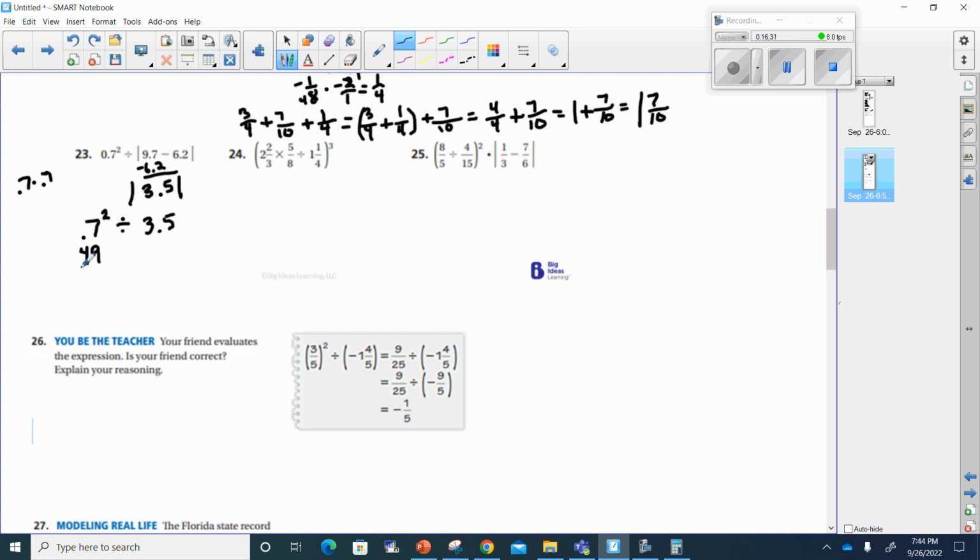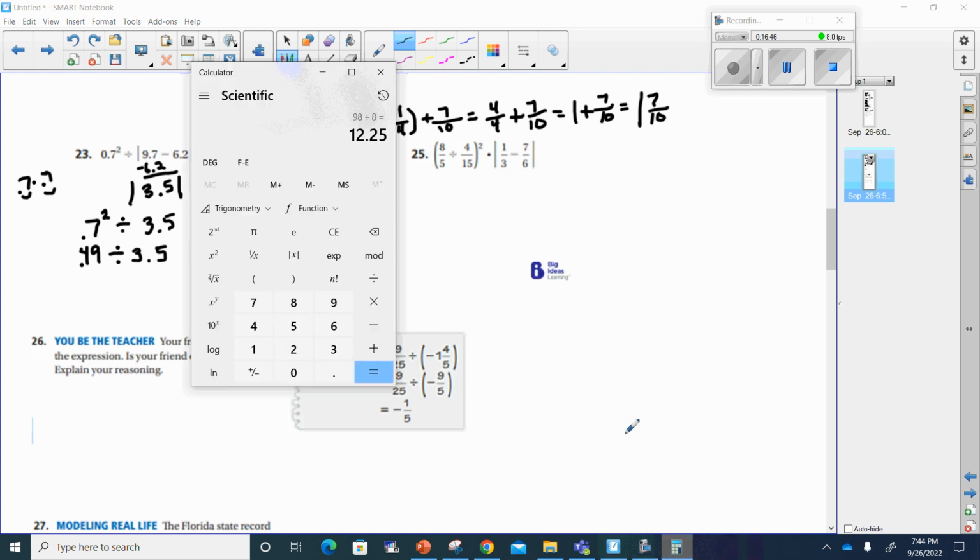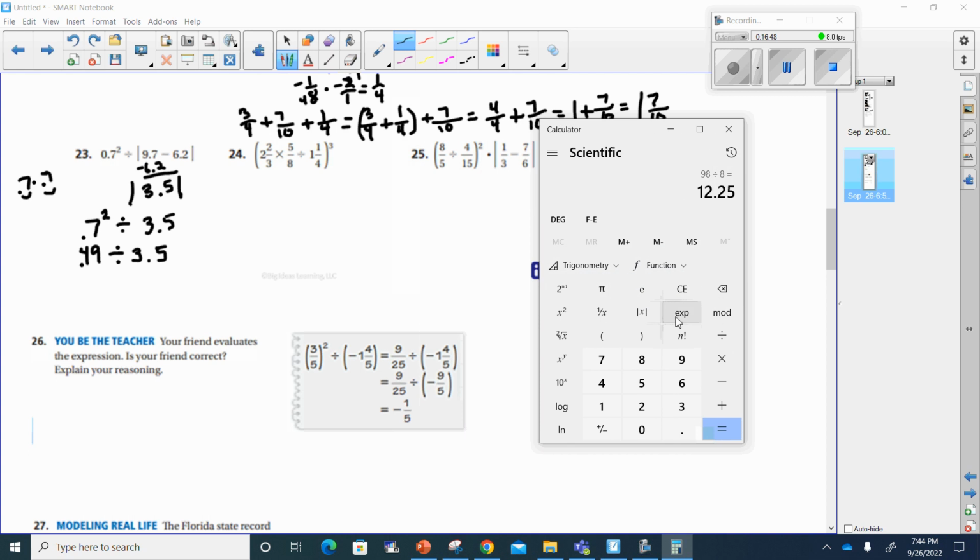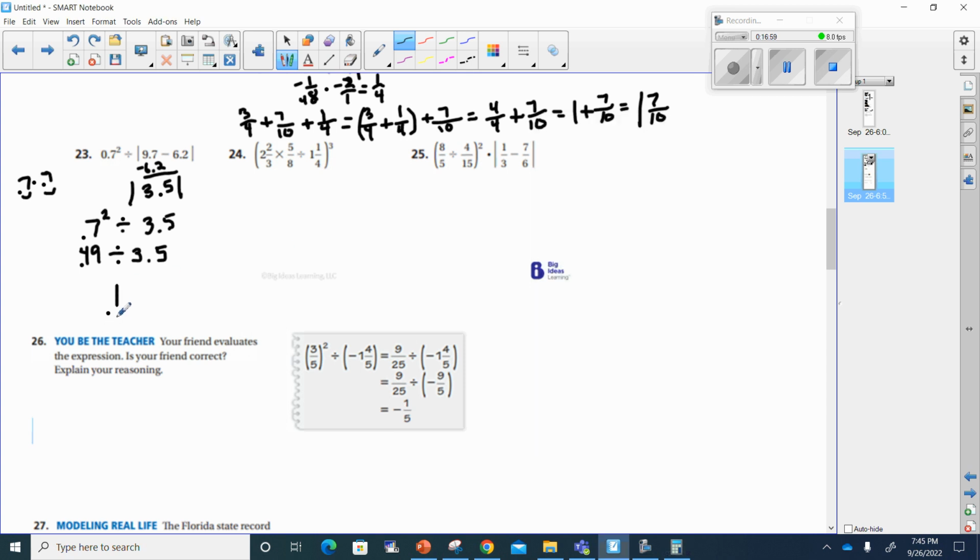So I know this is going to be 0.49 because I have 2 decimal places, 1, 2. 0.49 divided by 3.5. Get my calculator here and take 0.49 divided by 3.5, and that gives me 0.14. So this answer is 0.14.